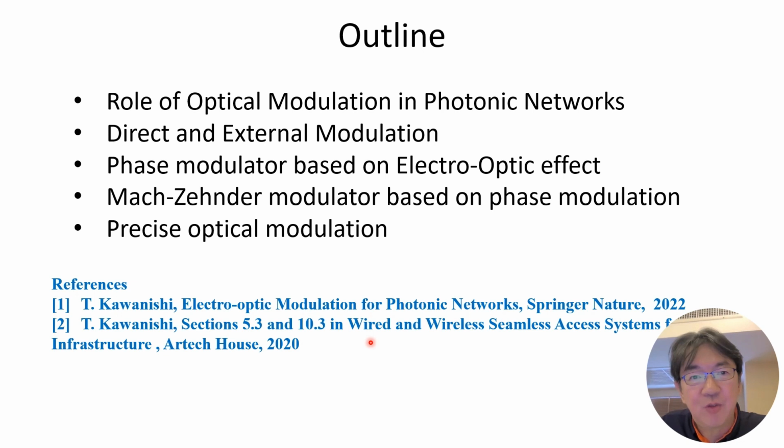You can find useful information to understand optical modulation. Section 10.3 is on the Mach-Zehnder modulator itself. So if you want to find a concise explanation or chapter on the Mach-Zehnder modulator, it's a good idea to check this section.